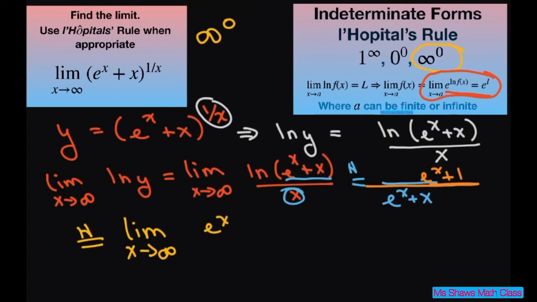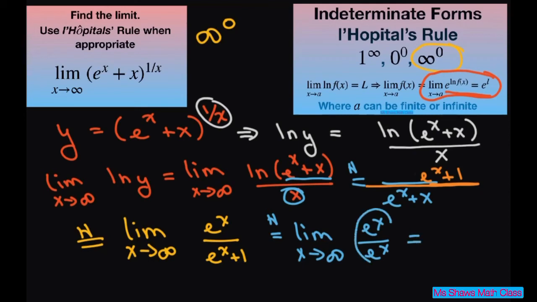And the derivative of the denominator is going to be e to the x plus 1. And let's do this one more time. So we're going to apply L'Hopital's rule one more time as the limit of x approaching infinity. So you're going to get e to the x divided by e to the x. So when you divide these two, you're just going to get 1.